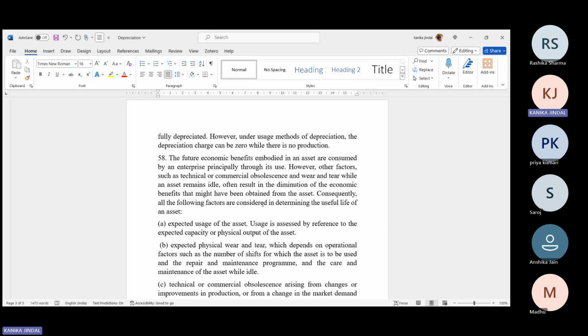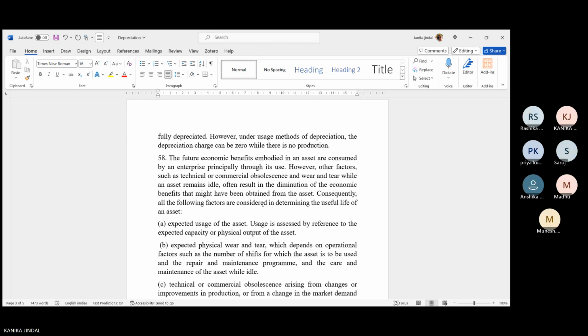First, the expected usage of the asset is assessed by reference to the expected capacity or physical output of the asset. हम ये देख रहे हैं एक्सपेक्टेड यूसेज कितना होगा इस पर्टिकुलर एसेट का. अब वो यूसेज कैसे असेस किया जाता है? वो यूसेज असेस किया जाता है बाय द रेफरेंस टू द एक्सपेक्टेड कैपेसिटी और फिजिकल आउटपुट ऑफ द एसेट.